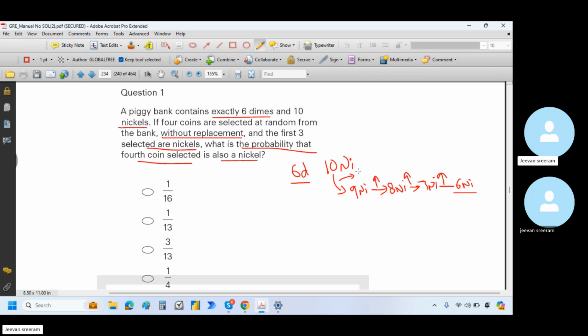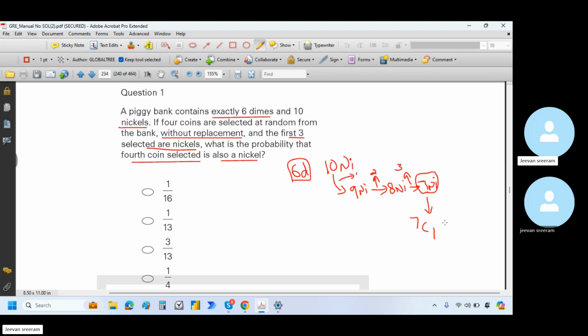Fourth coin. First 3 selected are nickels. 1, 2, and also 3. Then you will be left with 7 nickels and 6 dimes. But the fourth coin should also be a nickel, meaning that nickel should come from these. 1 nickel from 7 nickels can come in 7C1 ways.